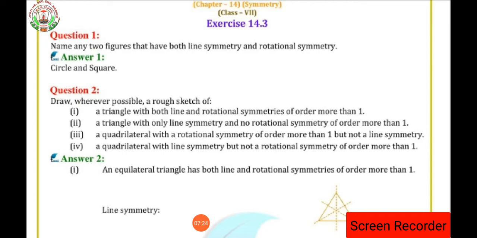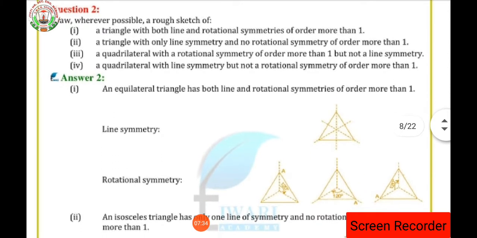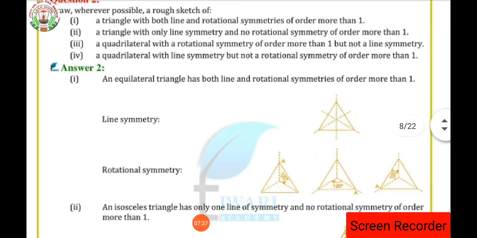Second part of the question: a triangle with only line symmetry, no rotational symmetry of order more than 1. In the second part, we have to take an example of a triangle which has a line of symmetry but no rotational symmetry. Such a triangle is an isosceles triangle. An isosceles triangle has any 2 sides of equal measurement, isn't it?